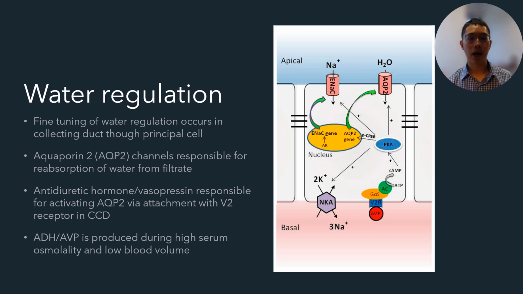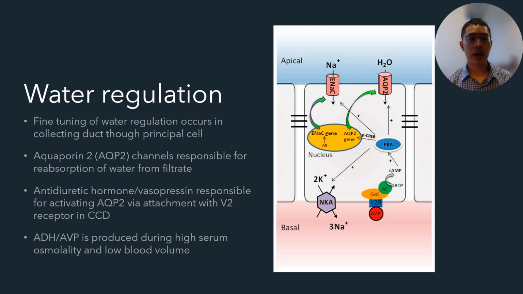You can liken the AQP2 or aquaporin 2 channel to a door for the water to enter. But this does not necessarily mean that water will enter. An osmotic gradient must be present to move water, and this is done through the medullary concentration gradient.